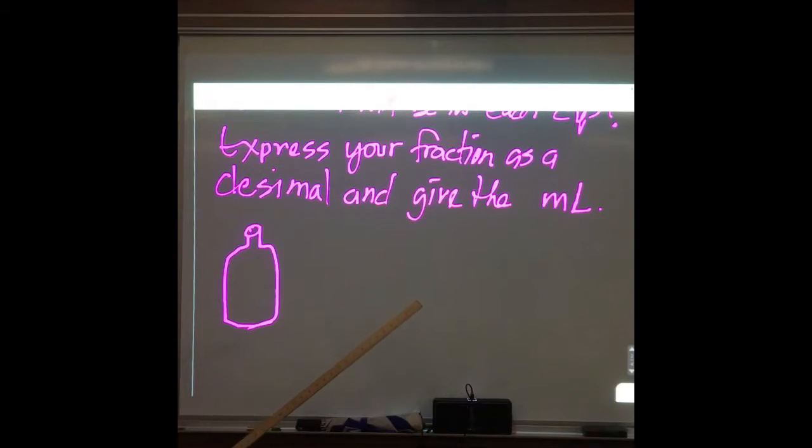Have you seen those? Yeah. Okay. So I'm going to draw them out for a reason. What are these? These are 2-liter bottles. Is that correct? Yeah. And we have 2 of them, don't we? Yep.